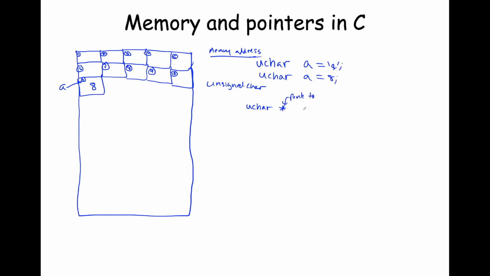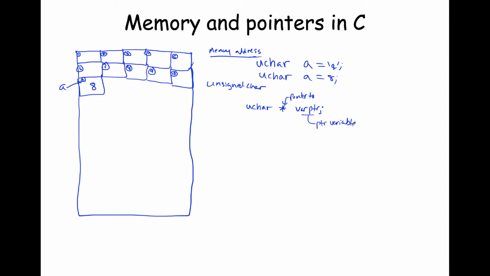So I'm going to define a variable, and that variable is going to be a pointer to a UCHAR. So let's say variable pointer. Now, UCHAR star var pointer is called a pointer variable.